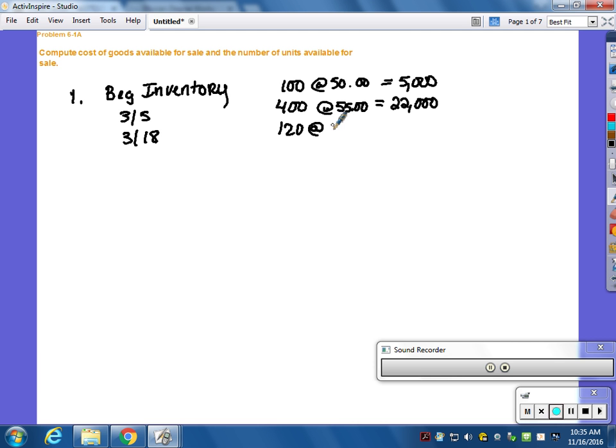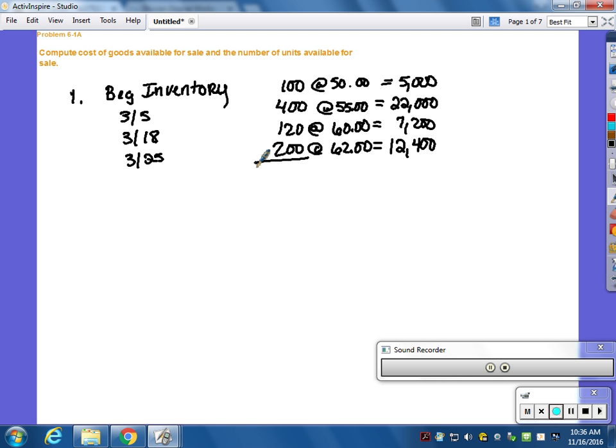At what price? $60. So it was worth how much total? 7,200. Next purchase? March 25th. How many units? 200. At what amount? $62. How much total? 12,400. And do you have any more units purchased?